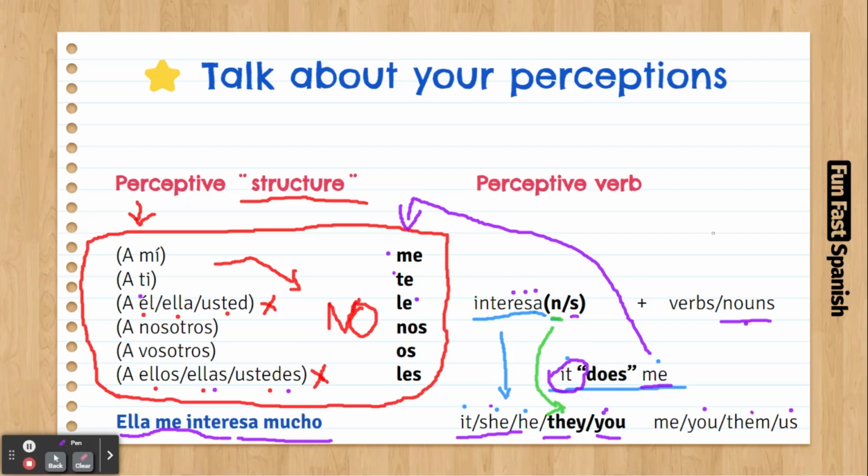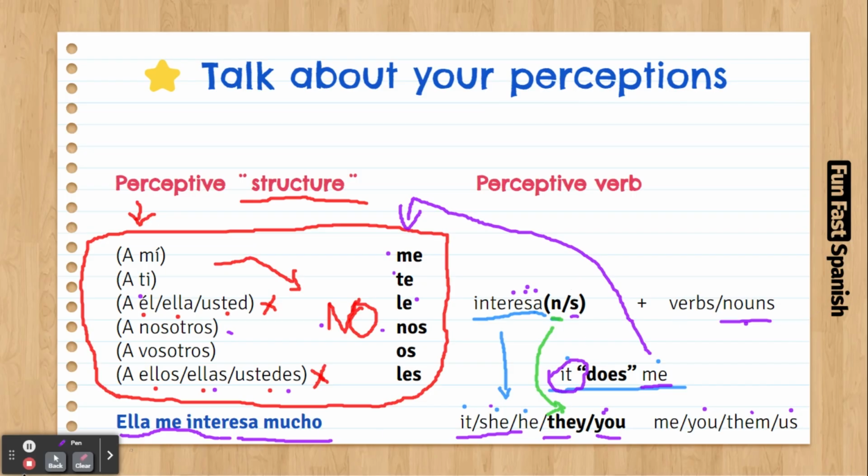Right. So we can make all these combinations. So it's not just it interests me, it could be it interests her, it interests us. A nosotros no nos interesa ella. We are not interested in her. Yeah, that's pretty much it.